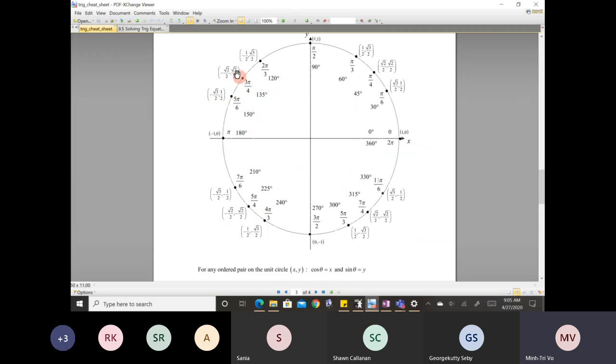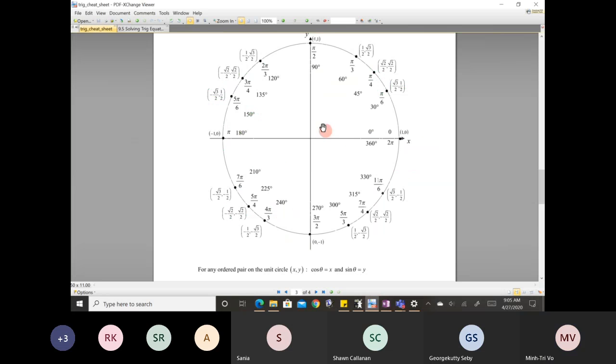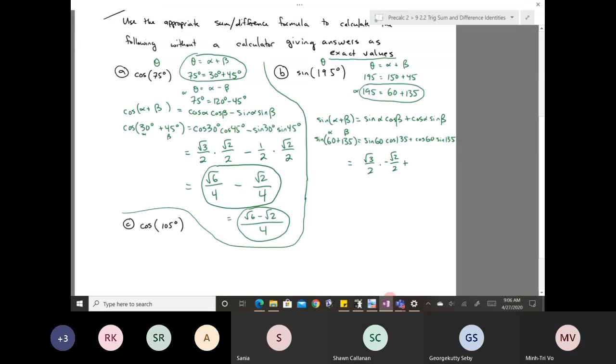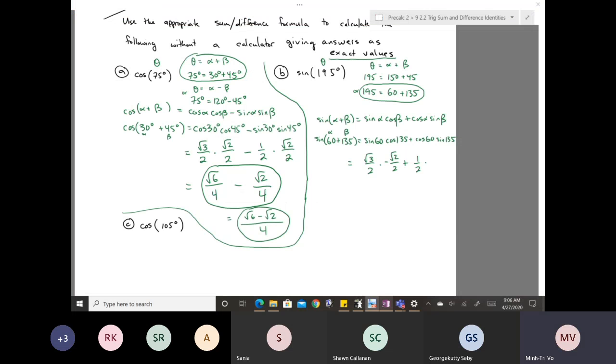Cosine is the x coordinate, so the x coordinate for 135 is negative square root of 2 over 2. Cosine 60 is the x coordinate, which is 1/2. Sine 135 is the y coordinate, so square root of 2 over 2.